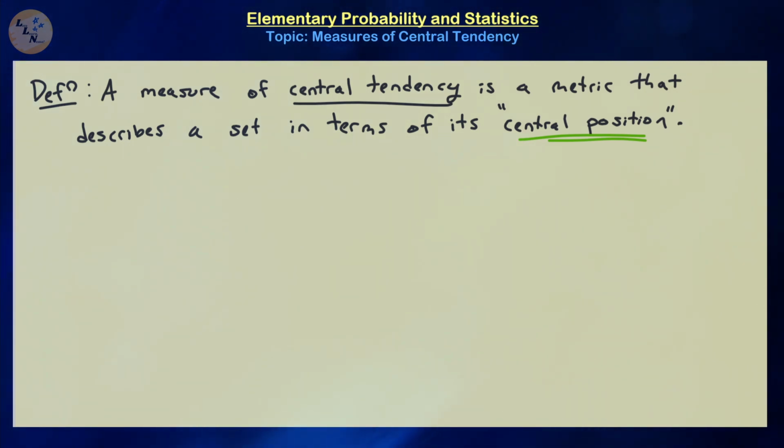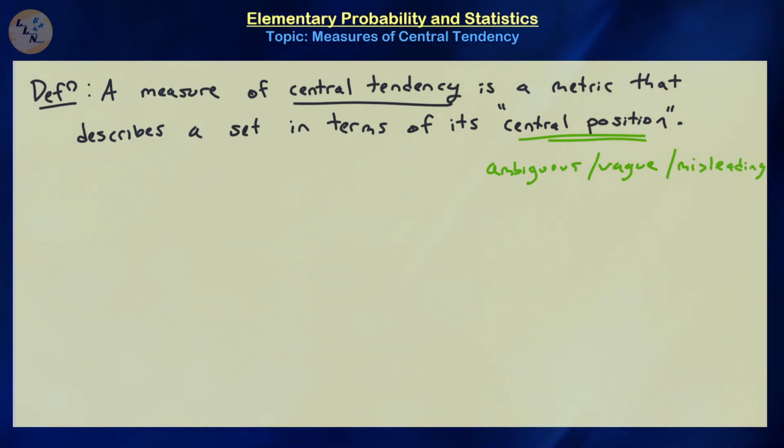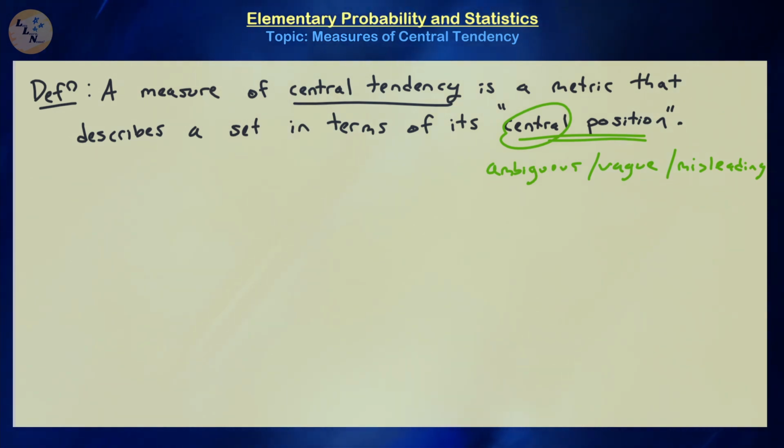That term could be ambiguous, not really clear, or vague, or it could even be misleading, based on your idea of what it means to be central. For example, it could represent the average. It could represent the direct middle, for example, the median of a data set.